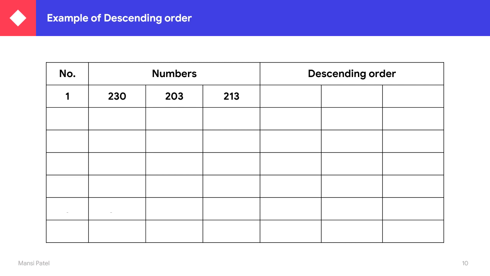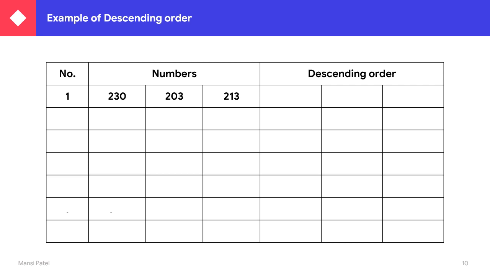So we have to move to our next rule. Our first rule is that you see the first digit. Again here the first digit is the same. So our rule number 2 is that if the first digits are the same, then you have to see the second digit. So in 230, our second digit is 3.